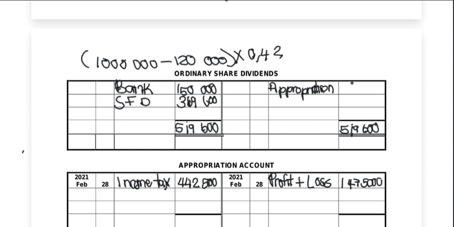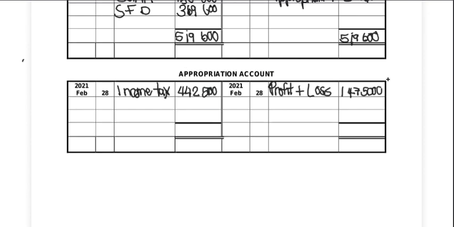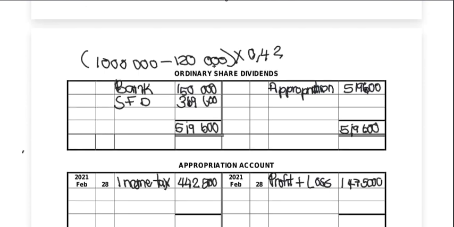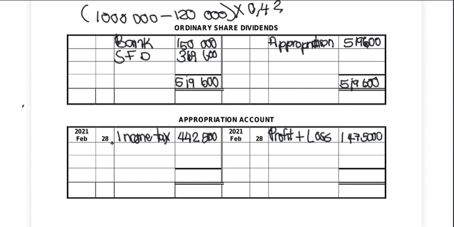Sorry about that. Okay, and that would be under ordinary share dividends on your debit side in the appropriation account. The details will be ordinary share dividends. Okay, and I'm just going to abbreviate that: ordinary share dividends. And how much are they? 519,600.